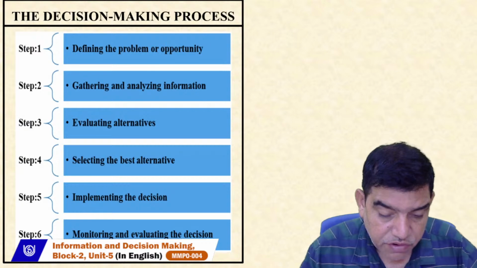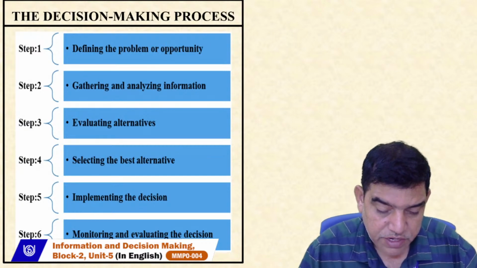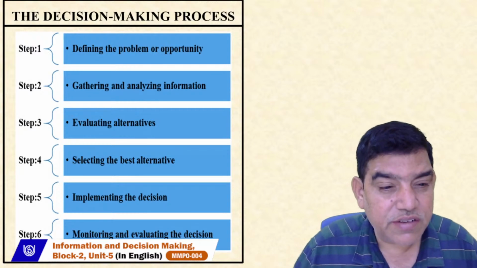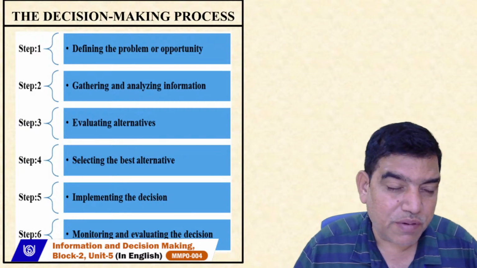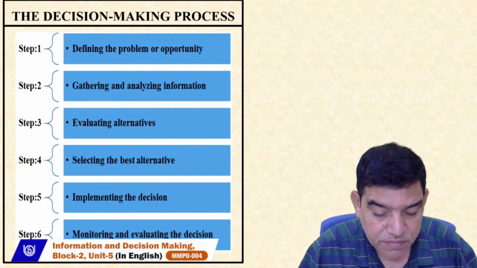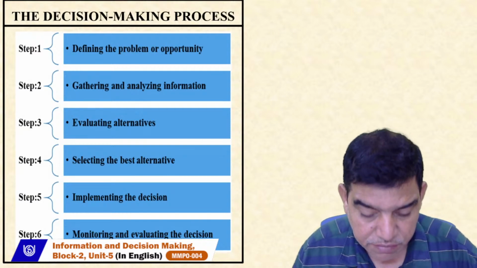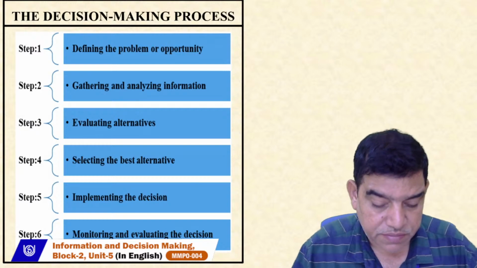Then step 4 means selecting the best alternative, which gives more profit. To understand that point, choosing the best option is an important step in the decision-making process.